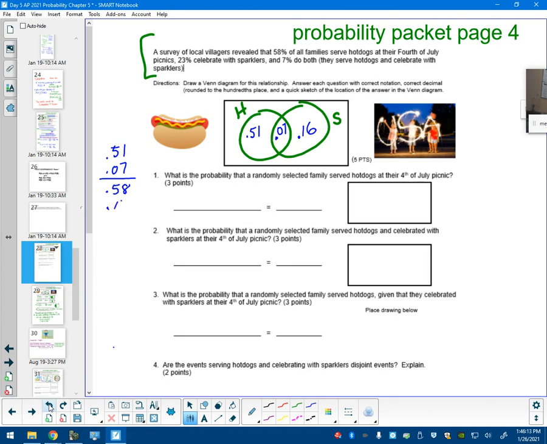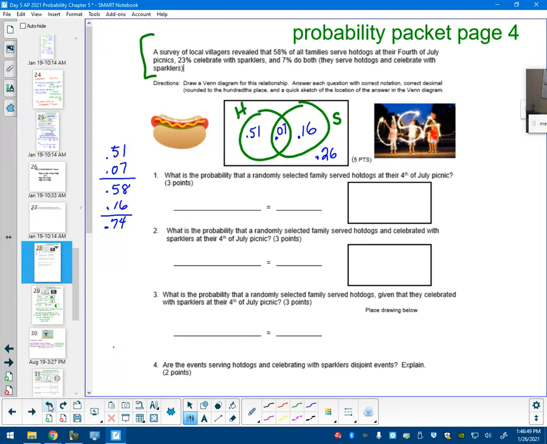If I add on the 16, I get 74, which means how many families out there are not celebrating the 4th of July, or otherwise known as disjoint day, mutually exclusive day? 0.26. That's the percent of people that aren't celebrating at all, and I'm feeling like I didn't add things up right, but I think I did. I think it's okay. All right.